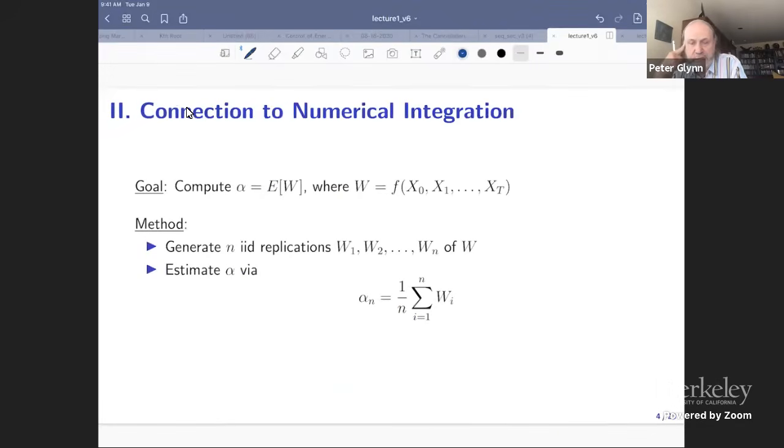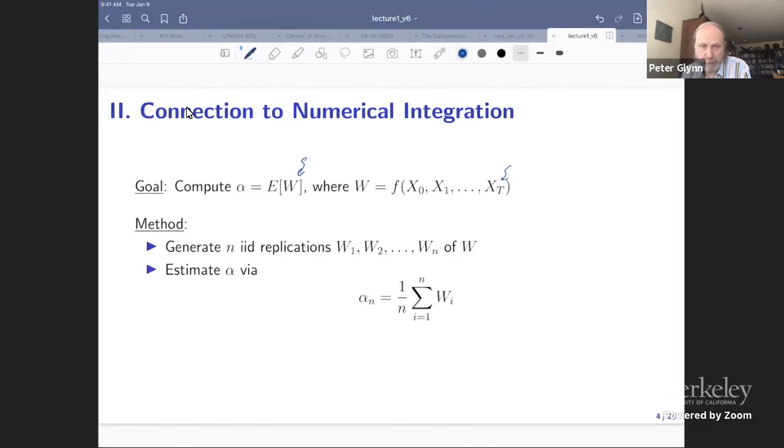One important point to recognize in looking at simulation, in particular stochastic simulation, is its connection to the world of numerical integration. In particular, suppose we're interested in computing the expected value of a performance measure W, some random variable W, where W is some function of the trajectory of a Markov chain X_i, with i ranging from 0 up to some random time horizon capital T. The whole principle of stochastic simulation is to estimate that expected value by running independent computer experiments.